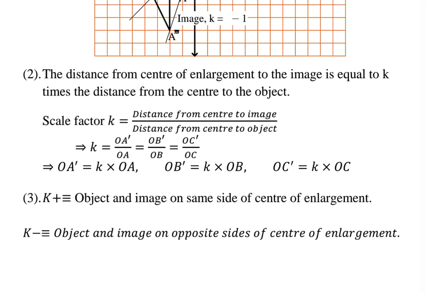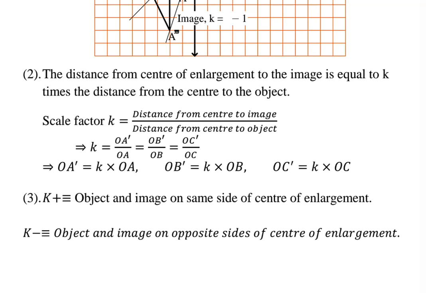Whatever is the distance from the center to the object, we multiply that distance by K to get the distance from the center to the image. So in other words, the distance from the center to the image is equal to K multiplied by the distance from the center to the object.